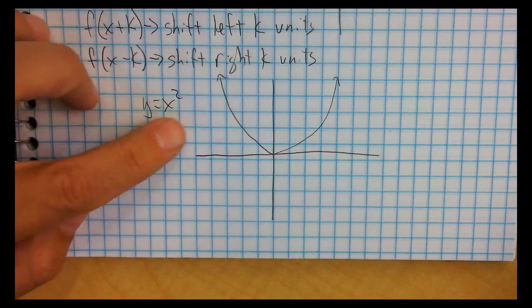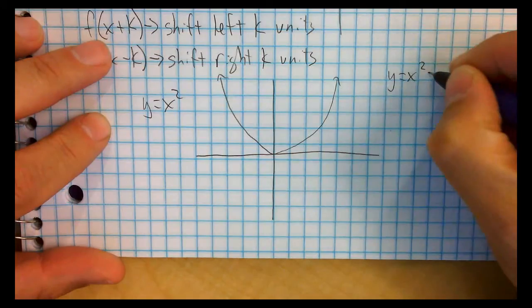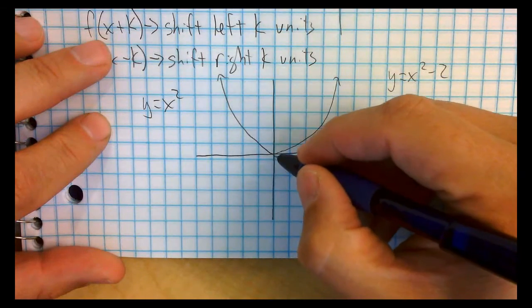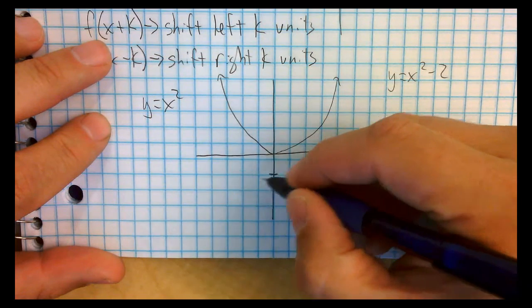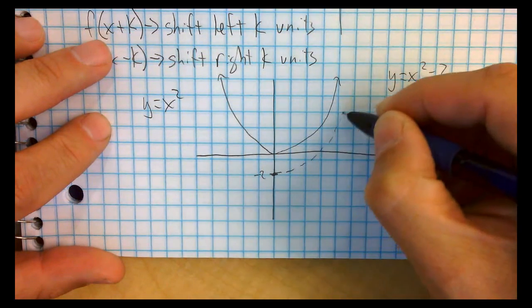We can do either of those things to this, and it'll tell us whether to shift it left, right, or up and down. So for example, y equals x squared minus 2 would just shift this whole graph down 2 units, and we'll say that's at -2, right? Then we just get a graph like this.